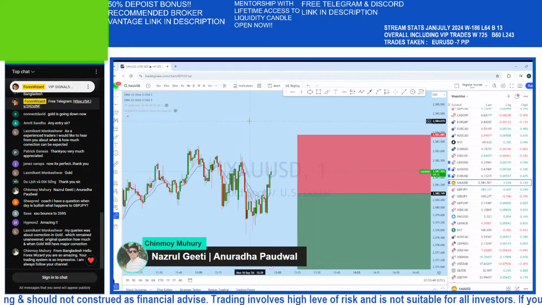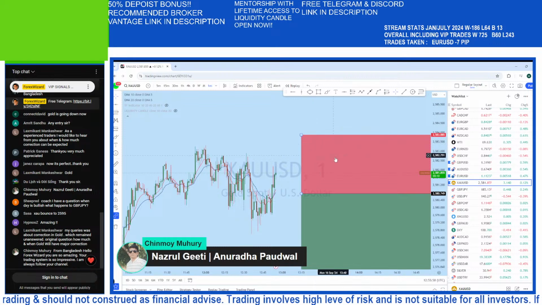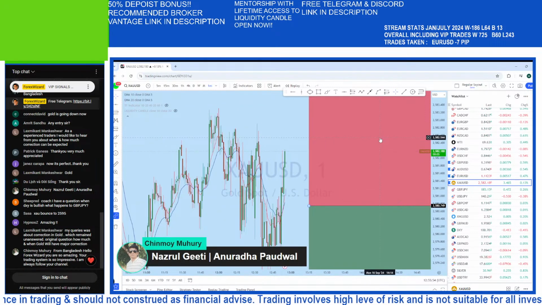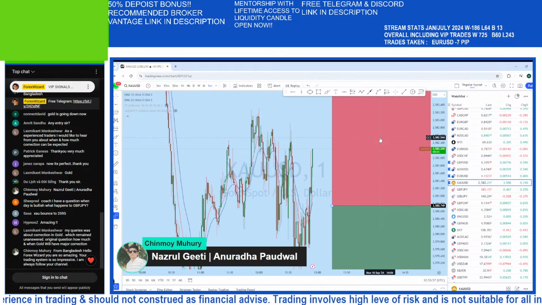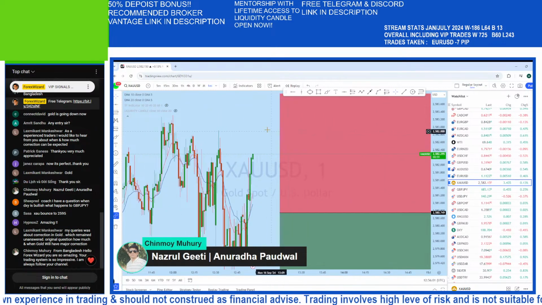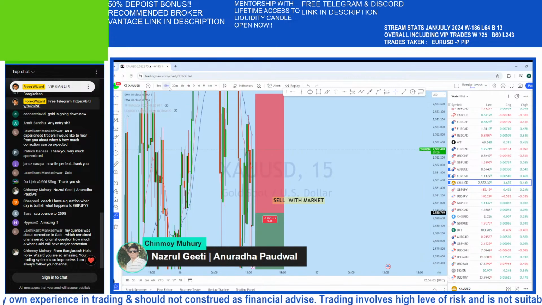So the price action is not very impressively bearish. So we might need to wait for the price to come to the entry. Come on today.